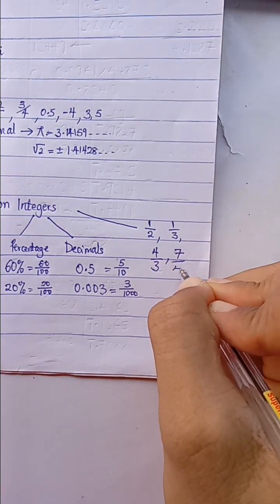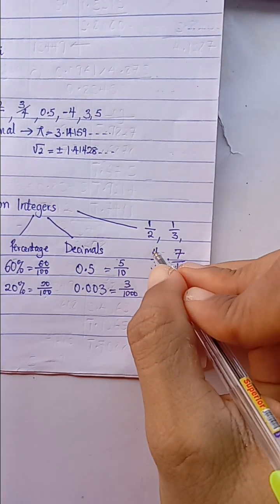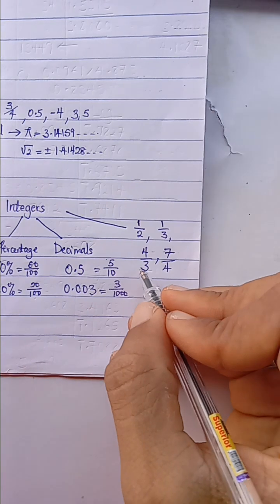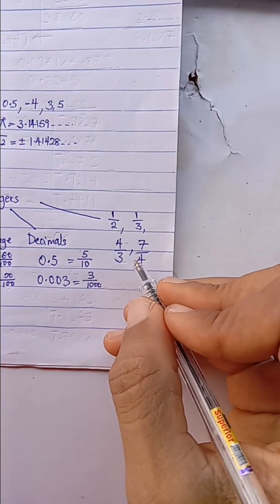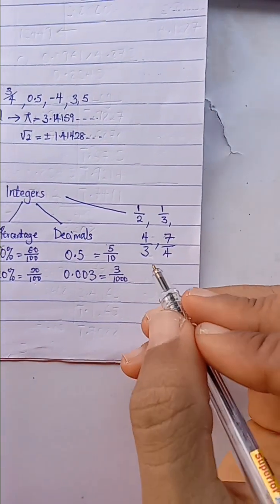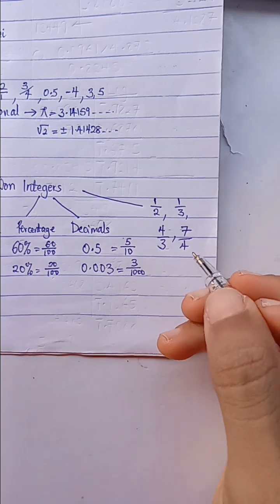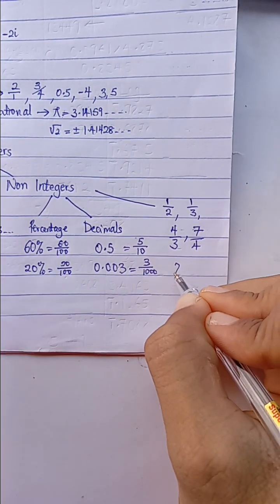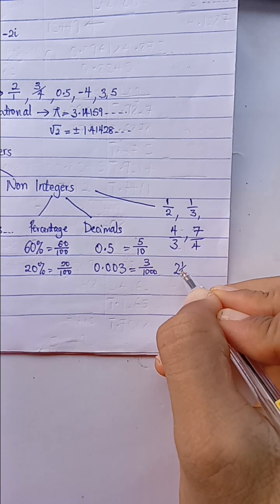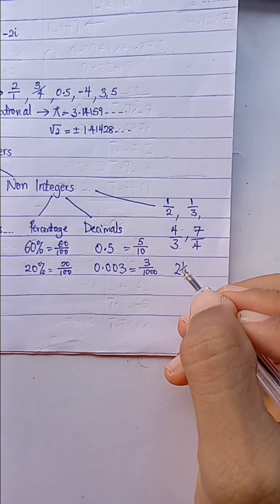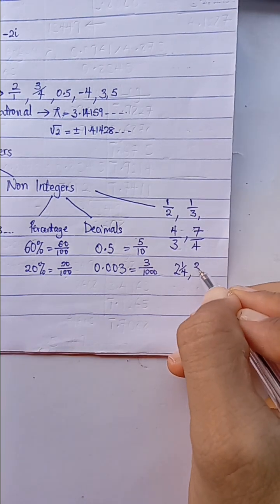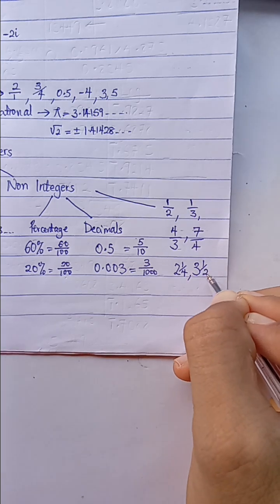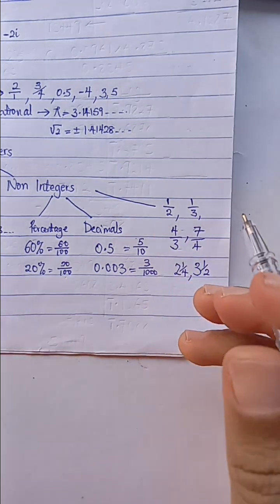So whenever you have fractions where the numerator, that's the one at the top, is bigger than the denominator, that's the one below, we can refer to them as improper fractions. Some other times we can also have mixed numbers like 2 and 1 over 4, 2 whole number 1 over 4. We can also have 3.5, that's 3 whole number 1 over 2. All these are fractions.